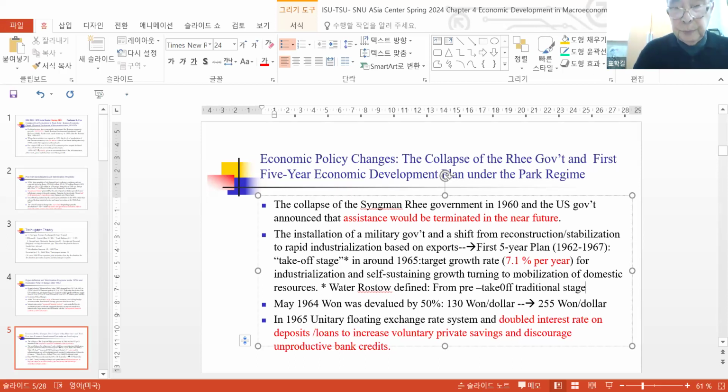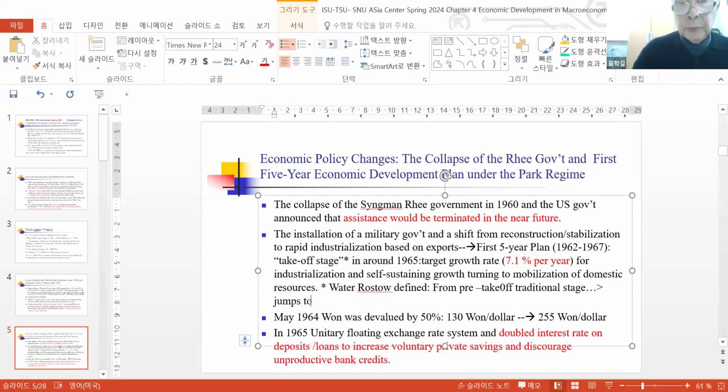All of a sudden, it jumps to like takeoff stage. Like a flight.